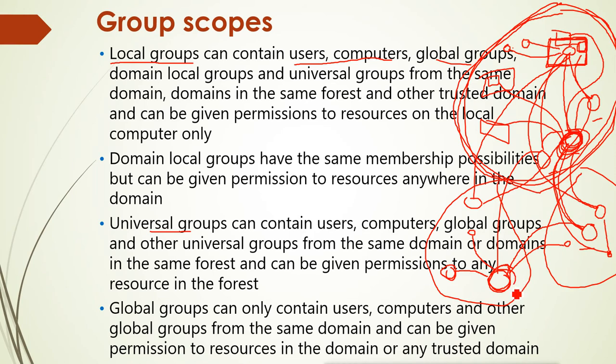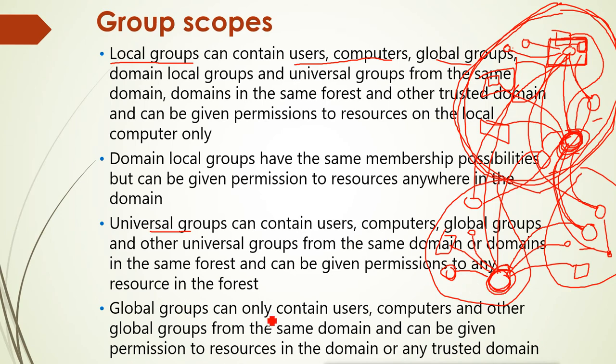Then, as the name says, universal means it can be used to give permission on any resources available in the forest. That means if you have resources here, we can give permission to this group. If we have resources in this domain, or in any other domain, we can give permission to this group. By giving this permission, any user or other group that is a member of this group will get the permission.